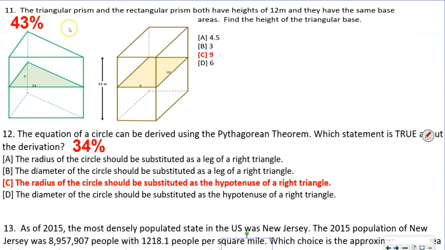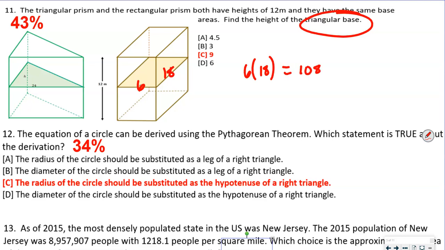All right, number 11. The triangular prism and the rectangular prism both have heights of 12 meters and they have the same base areas. Find the height of the triangular base. So notice that this is 6 and this is 18. So we're going to do 6 times 18, and when I do that, I get 108.